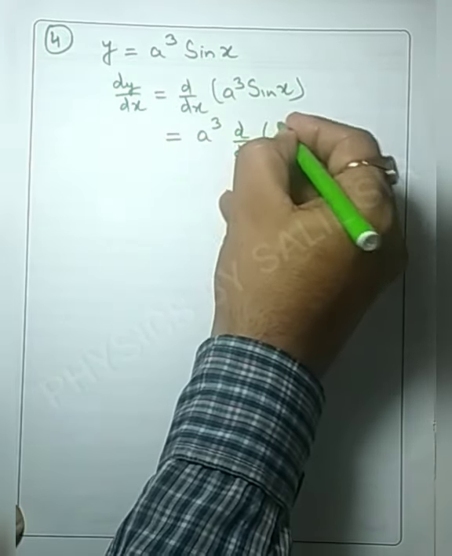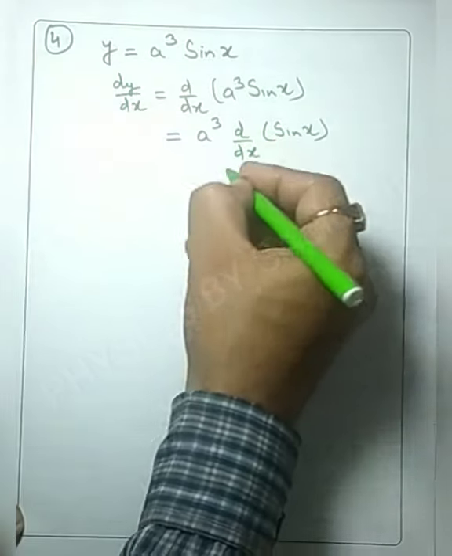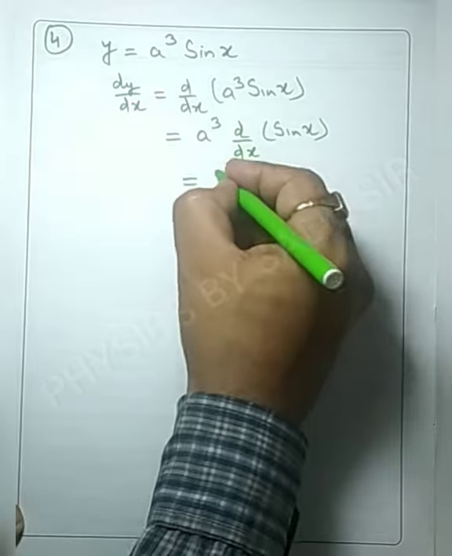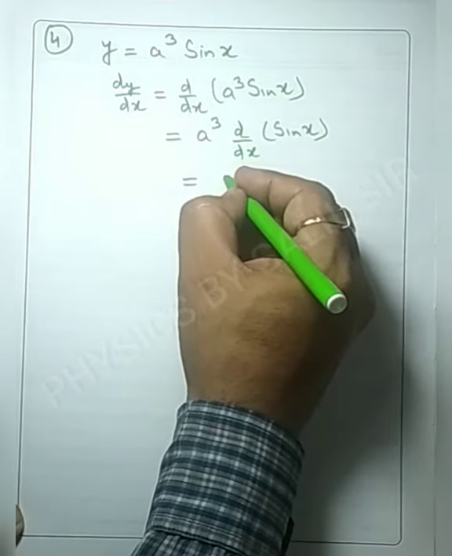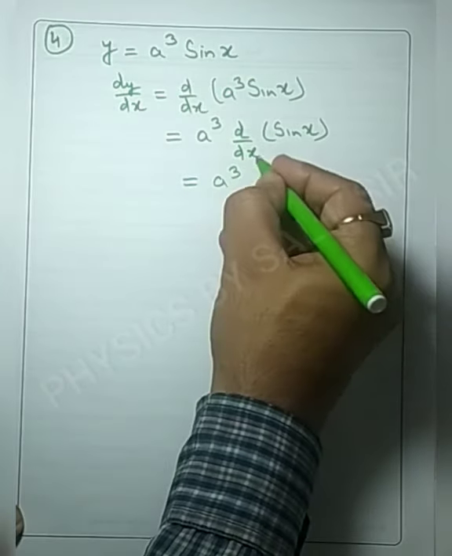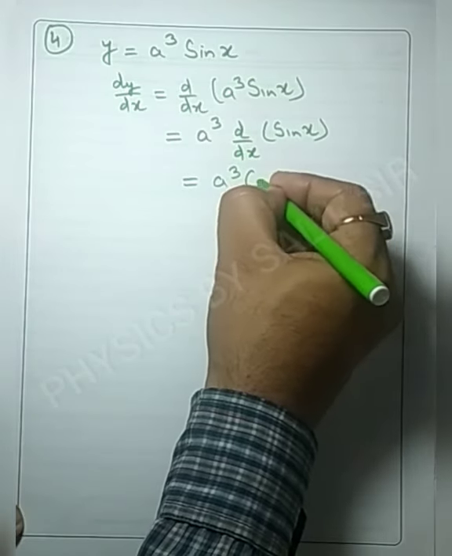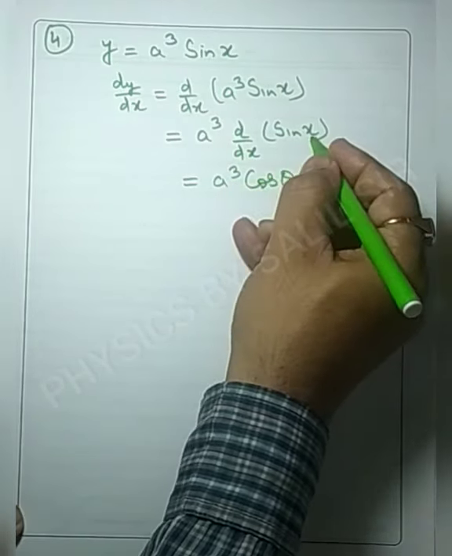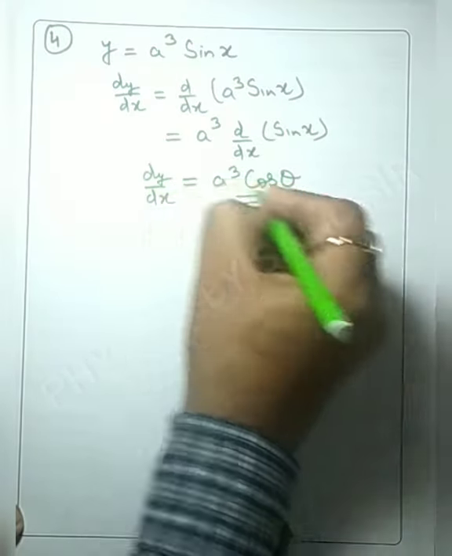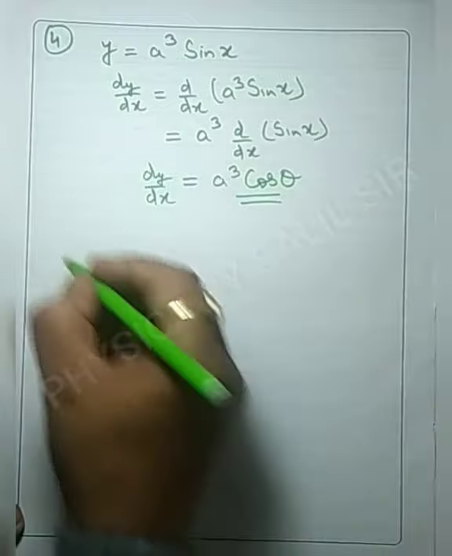So d by dx of sin x, and you know the value of d by dx of sin x. It is minus cos x. No, it will be cos x. So a cube, d by dx of sin x is cos x, but d by dx of cos x will be minus sin x. So this will be your answer, dy by dx is equal to a cube cos x.